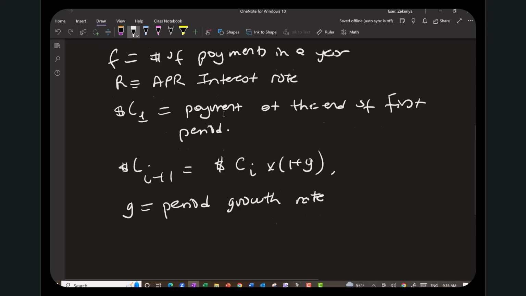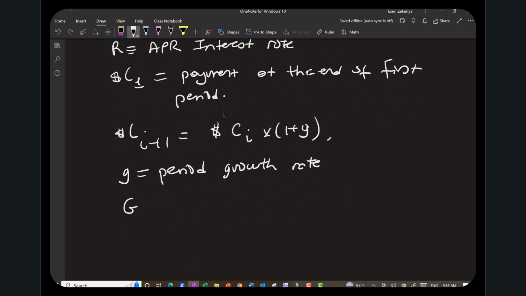So for input purposes, I'm going to put in a G, which is the annual growth rate, and little g is going to be basically 1 plus big G raised to the power 1 over f, minus 1. I'm basically converting the annual into monthly, for example.